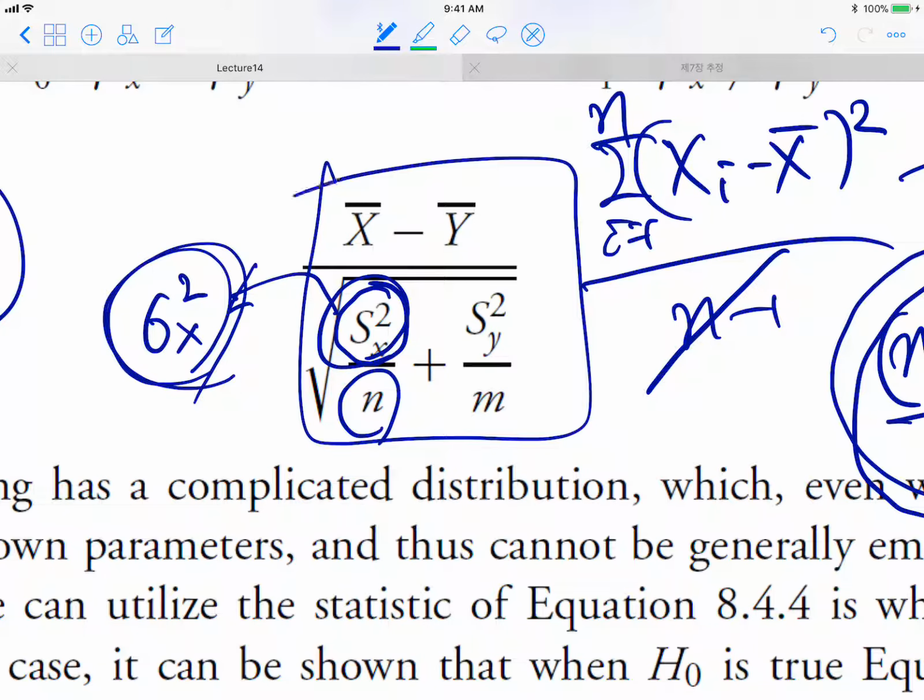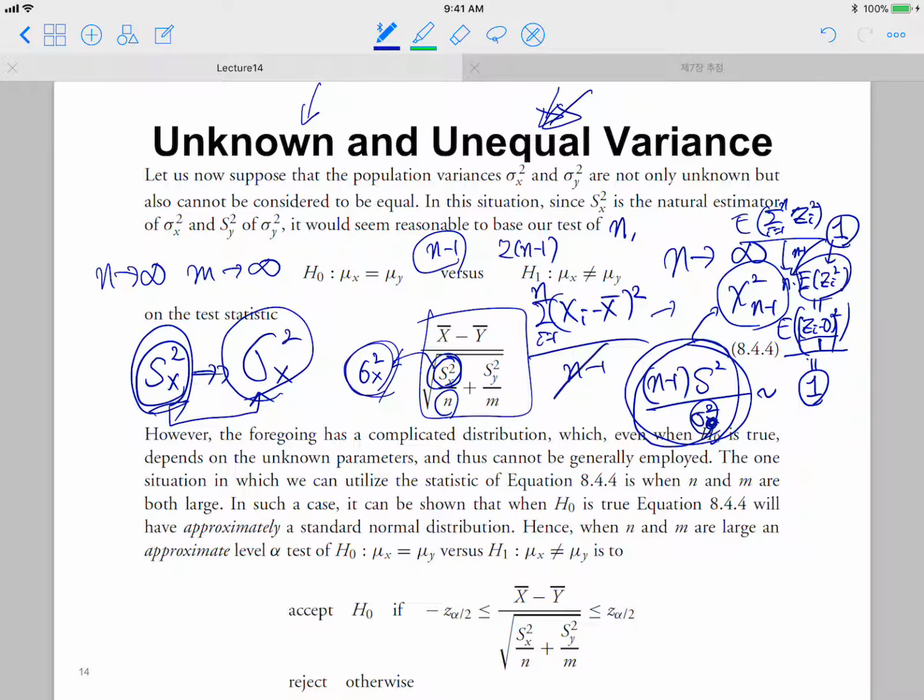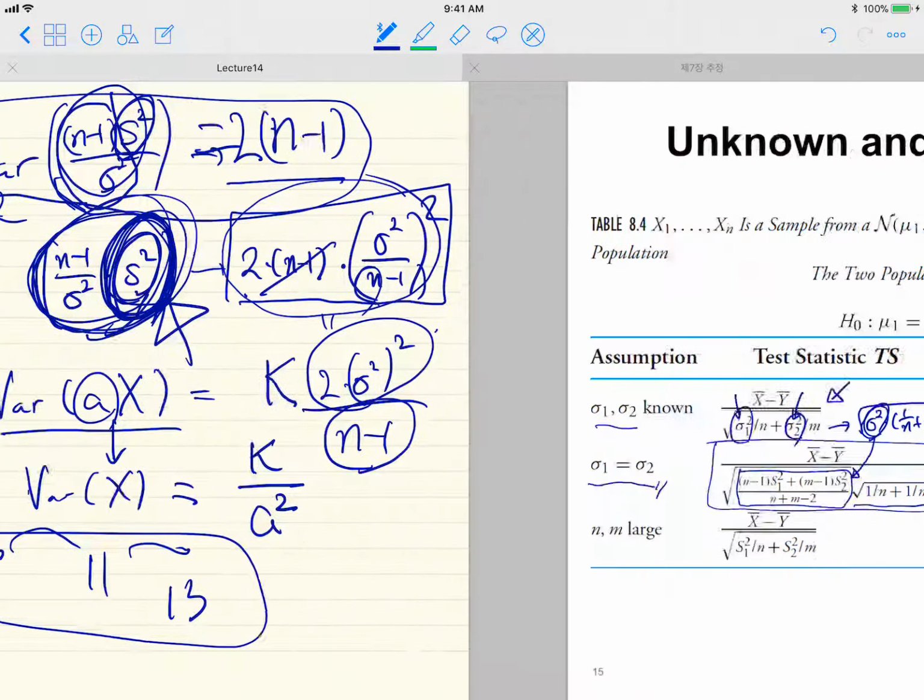Again, the situation is that the sample sizes from the two groups, n and m, are really large, and the variances are not known and not equal. But even in that case, we just use these two different sample variances as the true variance values, and then use the same equation or the same test statistic.